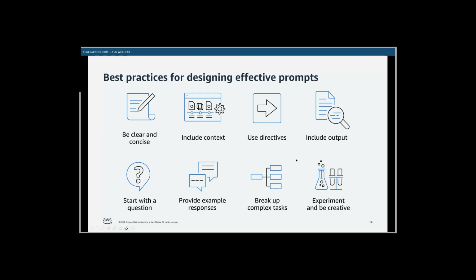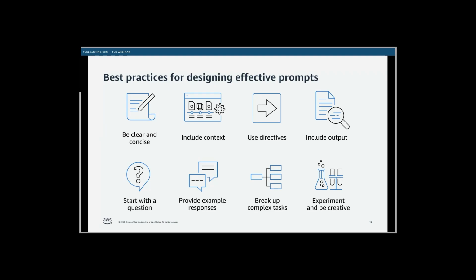Use directives related to the output, directives for the type of response, such as we saw in the previous one. We want a summary. I want you to summarize this review information, or I want the output in the form of a poem or song lyrics. Other things you might try if you want some more creative type of output.